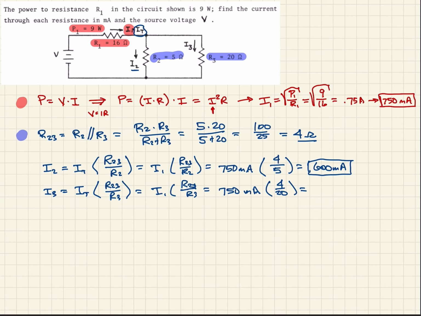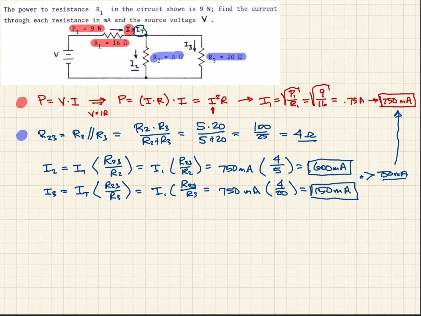In this case, it'll be 150 milliamps if we plug that into the calculator. And we see that when we add these two together, 600 plus 150, we get 750 milliamps. So this agrees with our total current coming in. So that's a good check there.